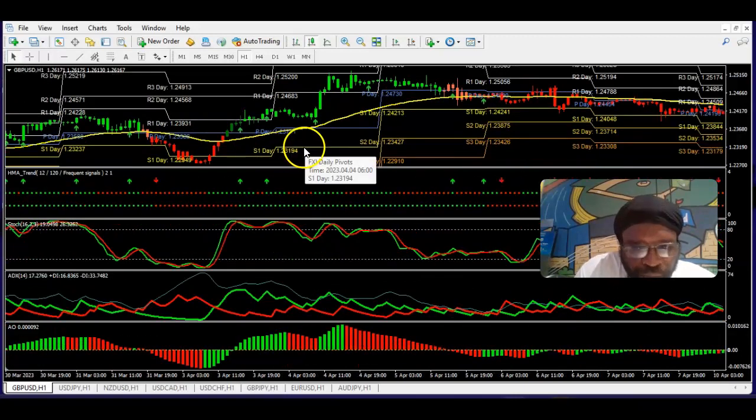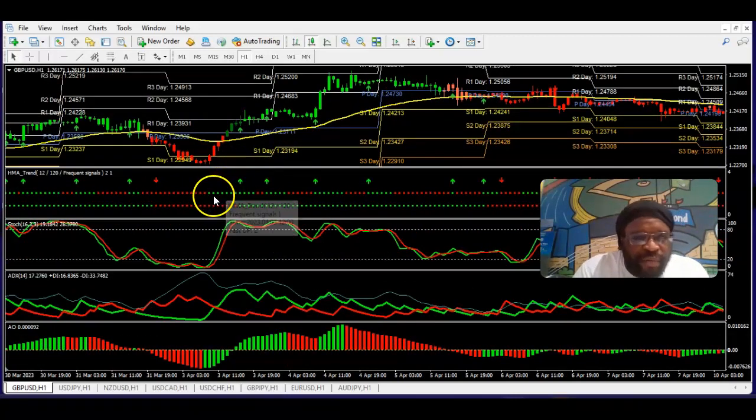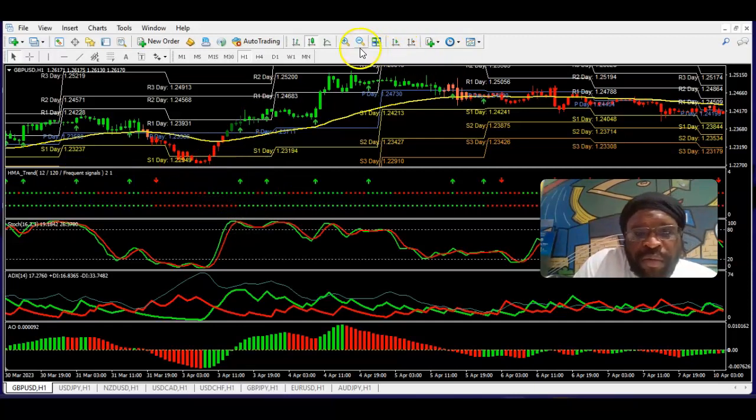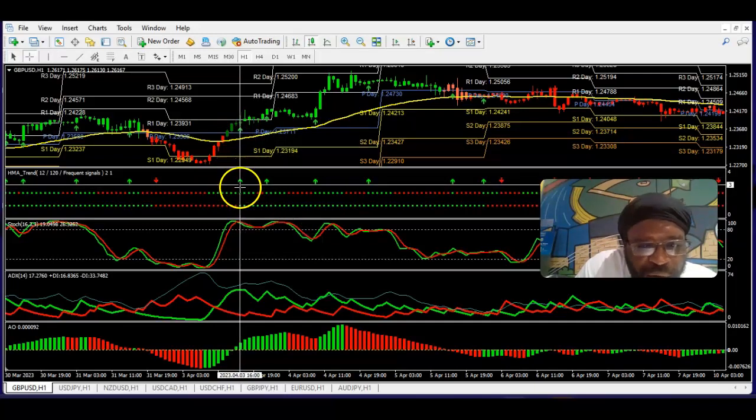Okay, so let's find a trade. Let's just say, for instance, we look right here. We have a trade. We look for price above this 50 moving average. If this candle is above the 50 moving average and the candles are green, that means we're looking for a buy opportunity. The first thing that must happen is we must wait for a green arrow. We must wait for these dots right here to align, which is right here, and create a green arrow.